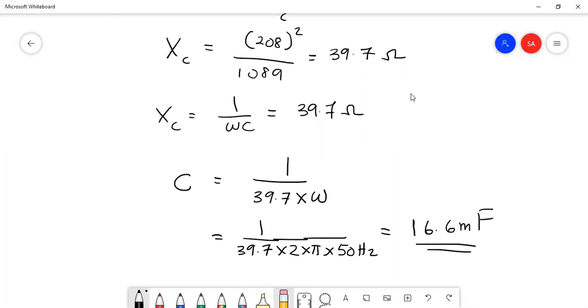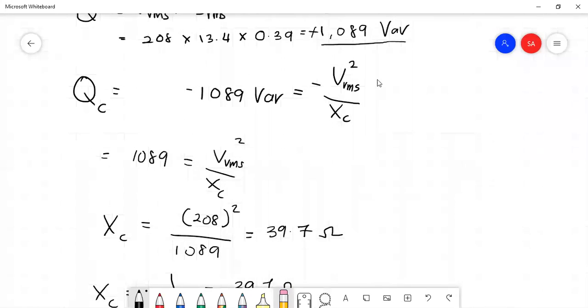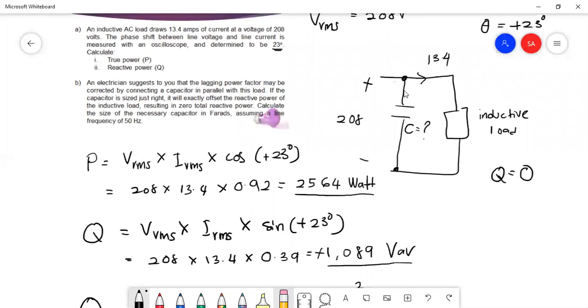This is the value of the capacitor that needs to be connected in parallel with the load.